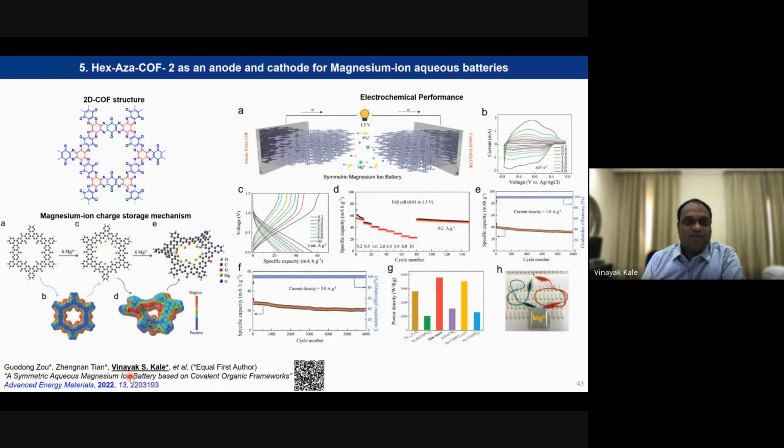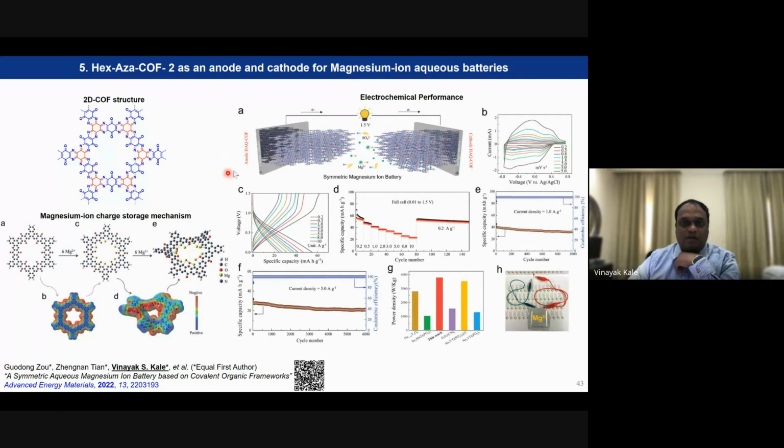So with the same COF, I was interested to further explore other aqueous ion batteries. So now we started with the magnesium ion battery. Here also the charge storage happens in a similar way with these two steps. Like in the first step, 6 magnesium ions react, and in the second step, 6 magnesium ions react. So total 12 magnesium ions react.